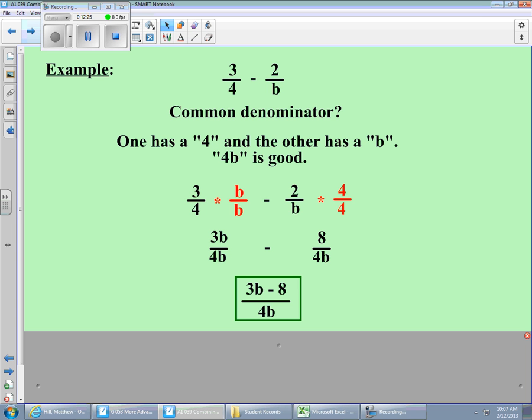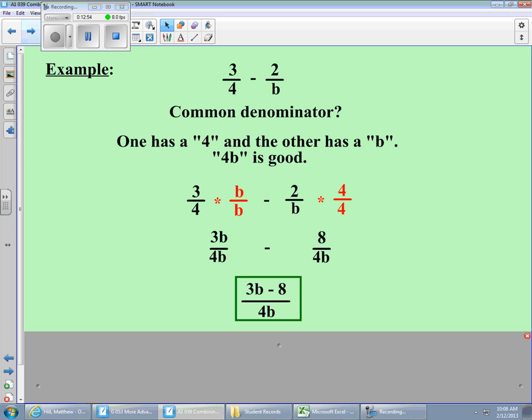The only way anything will reduce from the numerator to the denominator is if you can get the exact same thing from all the terms in the numerator and all the terms in the denominator at the same time. So there are 3 terms to look at: the 3b, the negative 8, and the 4b. Do those 3 terms have any one thing in common that we can take from all 3 of them at the same time?